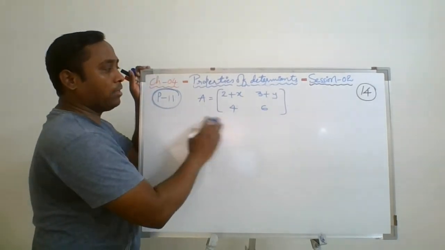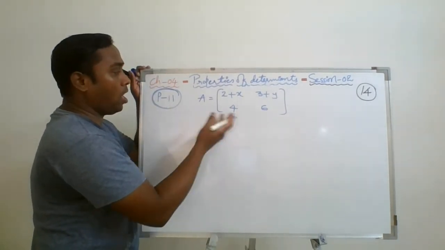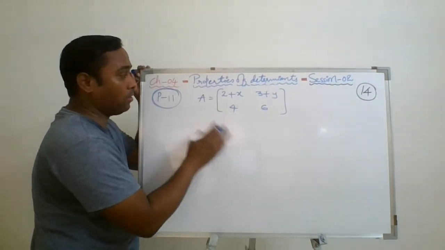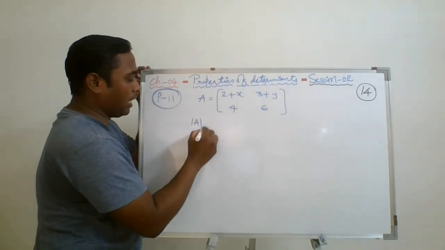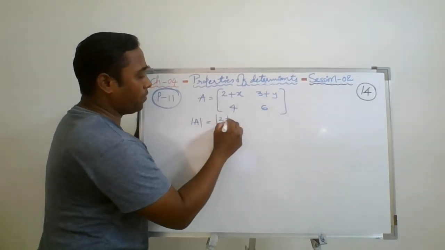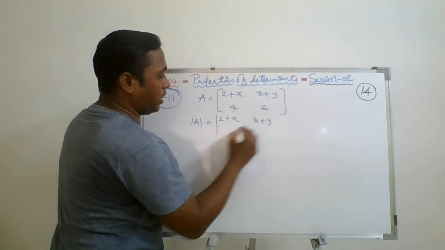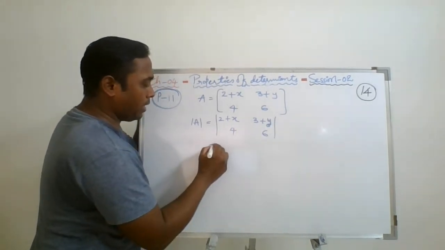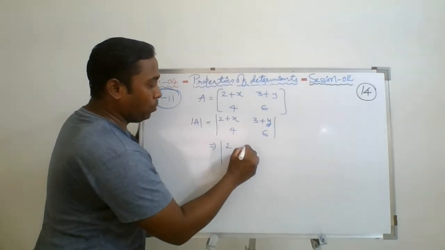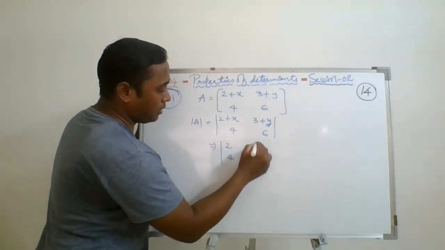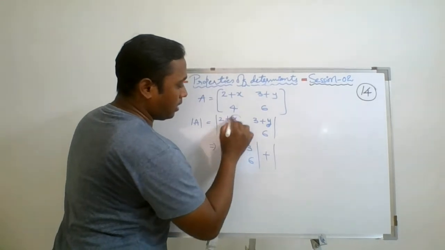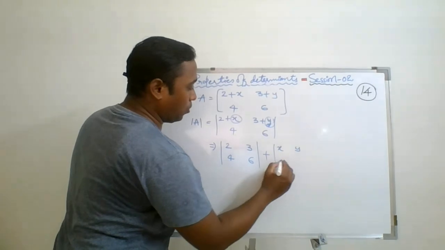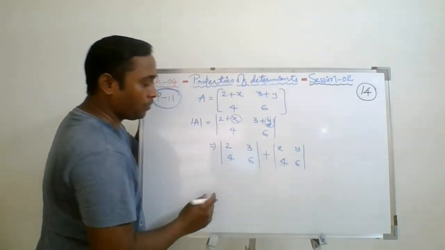Now I want to find the determinant of the square matrix. How can I use property number 11 to solve such questions? So determinant of A is the determinant of 2 plus x, 3 plus y, 4 and 6. This can be written as 2, 3, 4, 6, plus the second elements x and y, keeping the row 2 elements undisturbed.